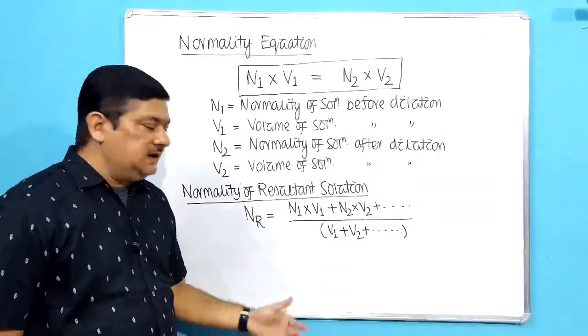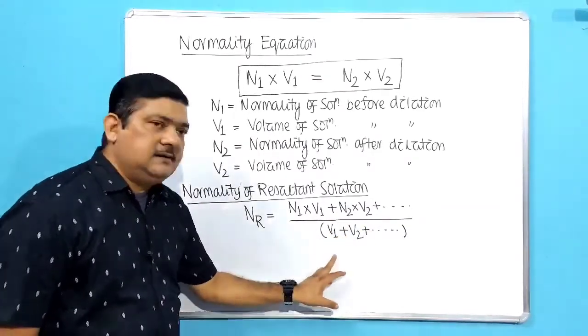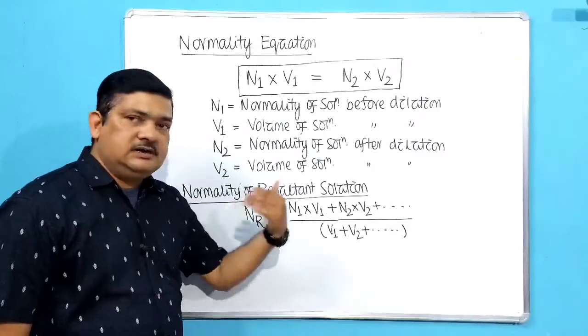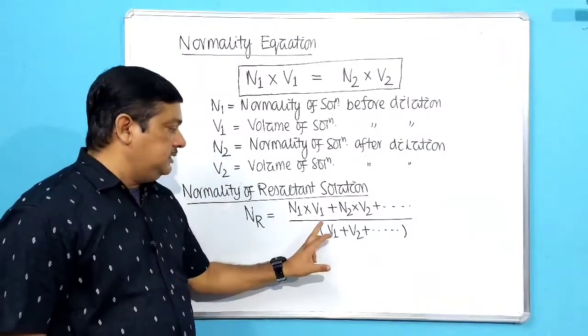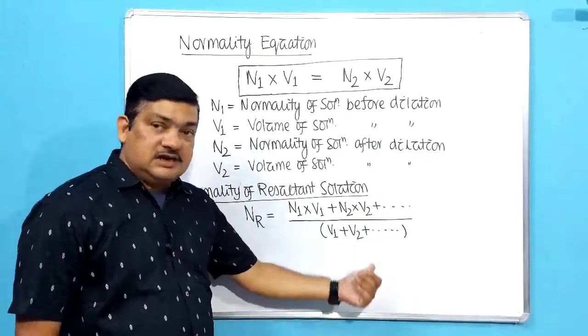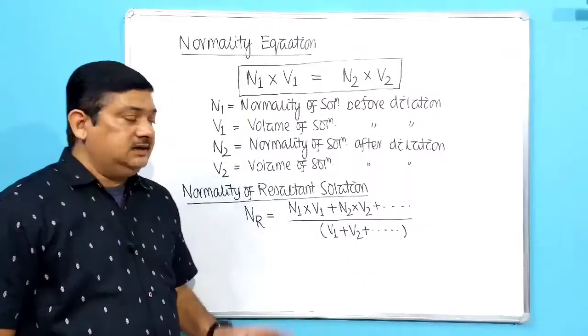That means when two different solutions will be added, the formula will be N1 into V1 plus N2 into V2 divided by V1 plus V2. So when three solutions are added, this formula will be N1 into V1 plus N2 into V2 plus N3 into V3 divided by V1 plus V2 plus V3.